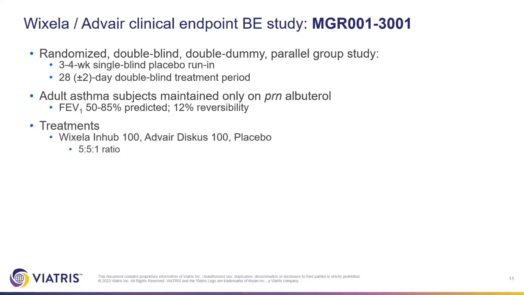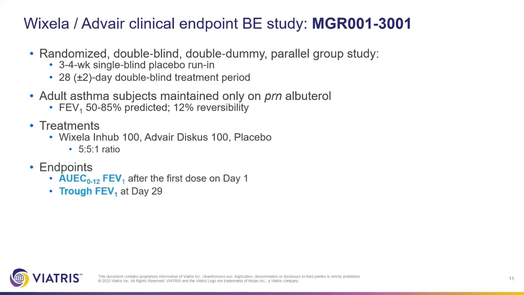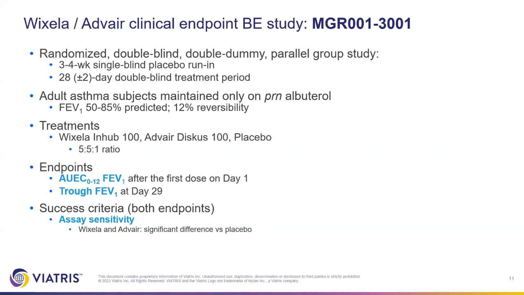The treatments, obviously, the lowest approved dose of Advair Diskus, its equivalent in Wixela Inhub, and a placebo, and we used a 5:5:1 ratio. The endpoints we've already talked about, and the reason for the 5:5:1 ratio is the assay sensitivity, showing that Wixela and Advair were both significantly different to placebo for both endpoints.